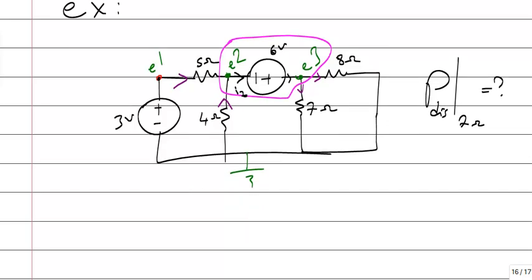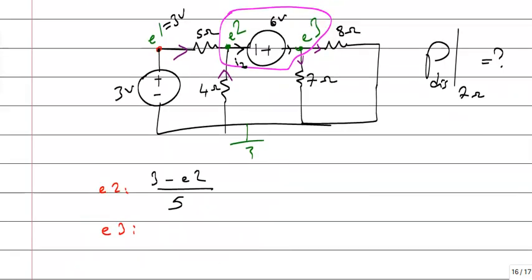If you apply normal nodal analysis, E1 is obvious, 3 volts. You will have 2 unknowns, E2 and E3. Okay, normal nodal analysis. Equation of E2 is, this current is 3 minus E2 divided by 5 resistance. Okay. Then this current upwards, 0 minus E2 divided by 4 is equal to, this is IZ.